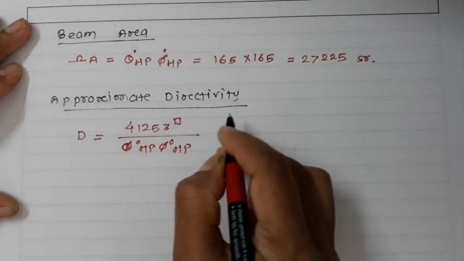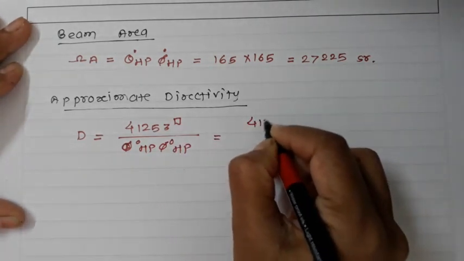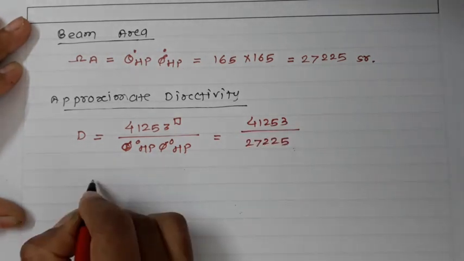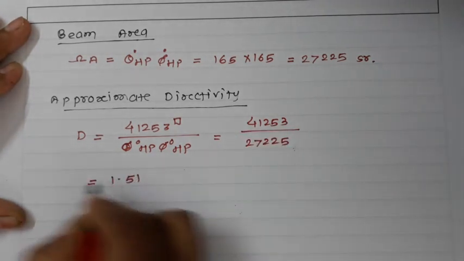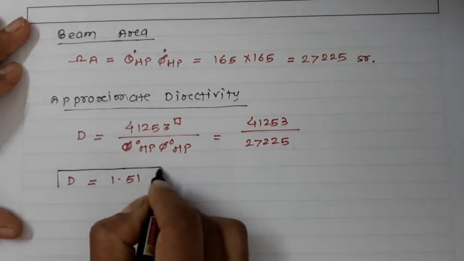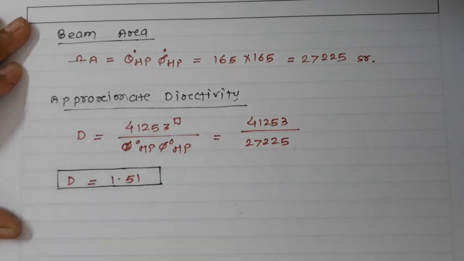So I'll put all these values over there. 41253 divided by 27225 comes to 1.51. So for this lambda by 2 antenna, I have got the directivity as 1.51.